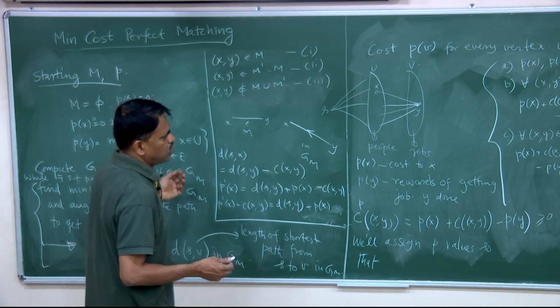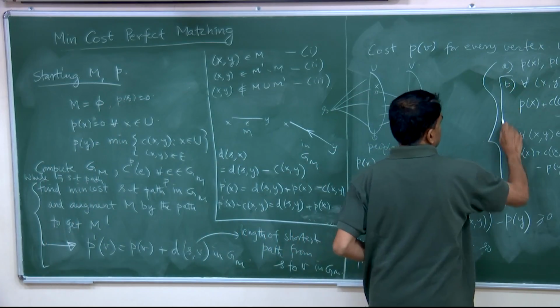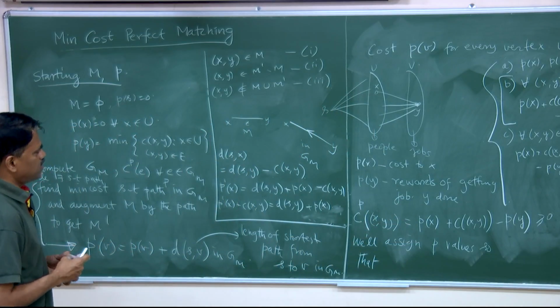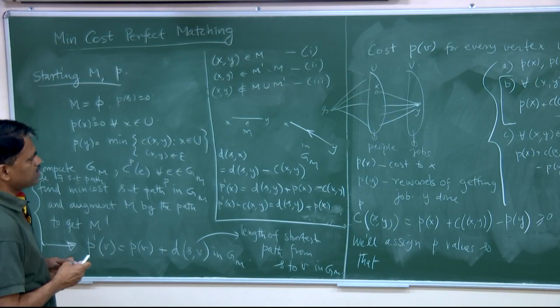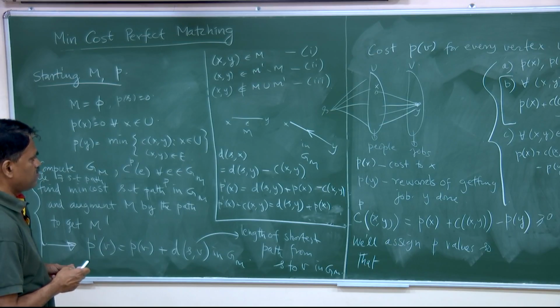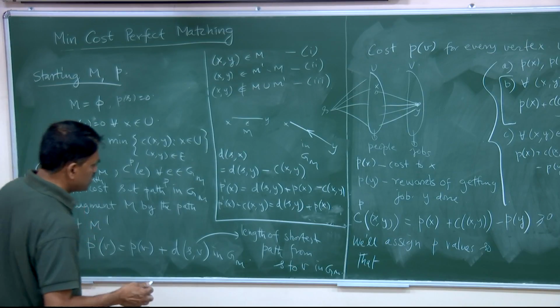What do I want to show? I want to show this property, because it's some edge in the graph, that p prime x plus cxy minus py is greater than or equal to 0 minus p prime y, right? So, okay, let's write.